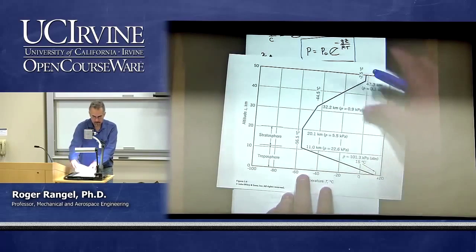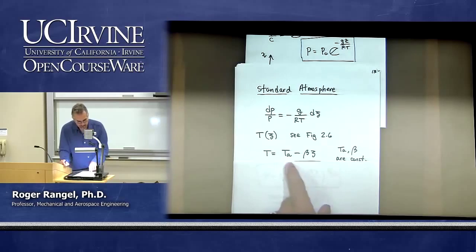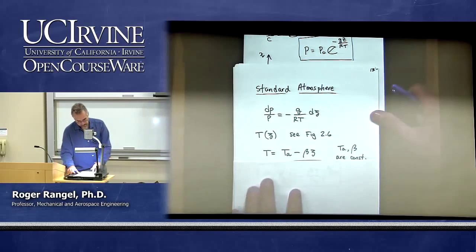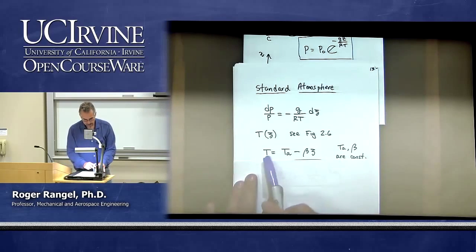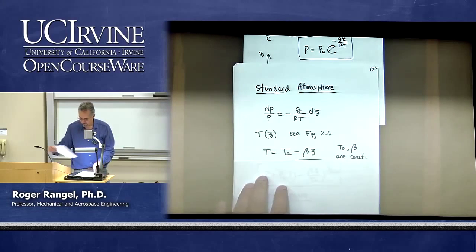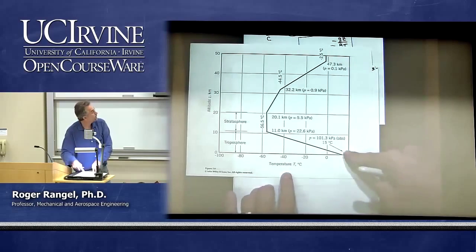The temperature is dropping as you go up. So you can represent it by something like this. You can say that in the troposphere, the temperature will be the surface temperature, T sub A, minus beta Z, where beta is the slope of this straight line.